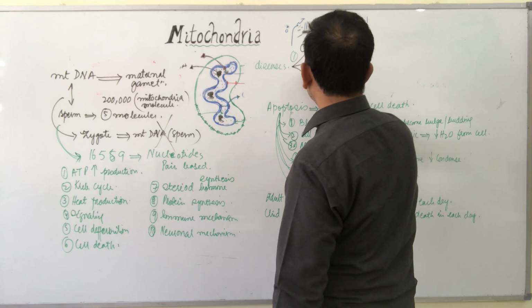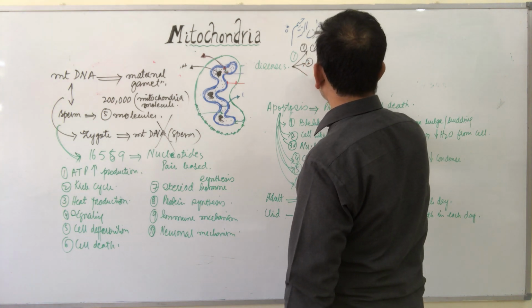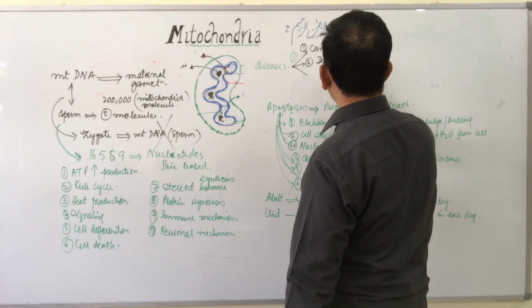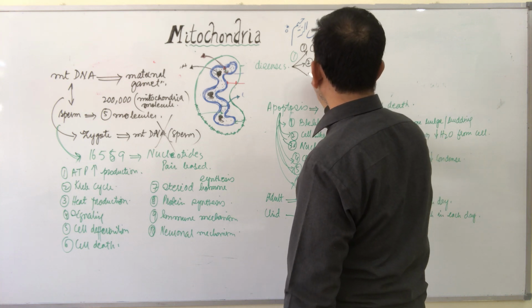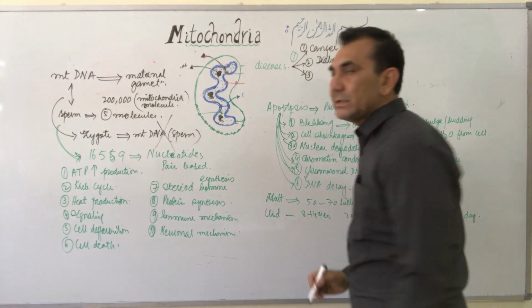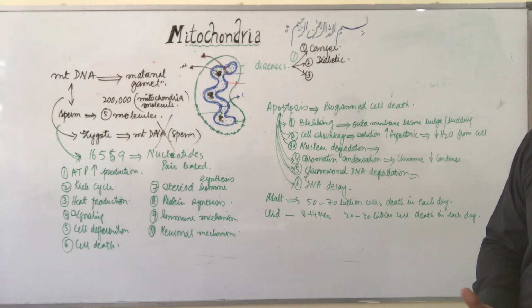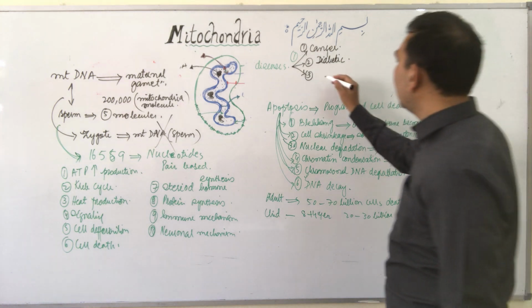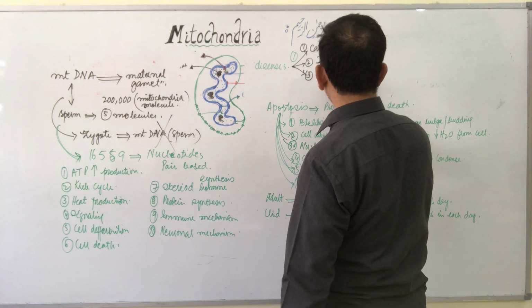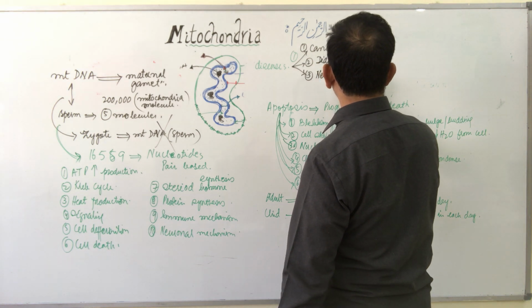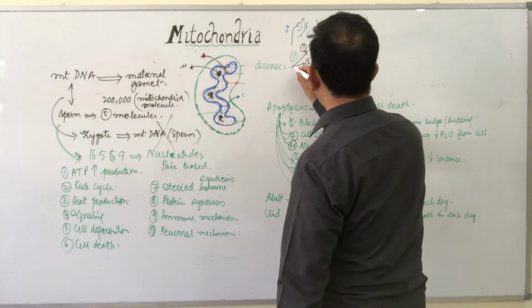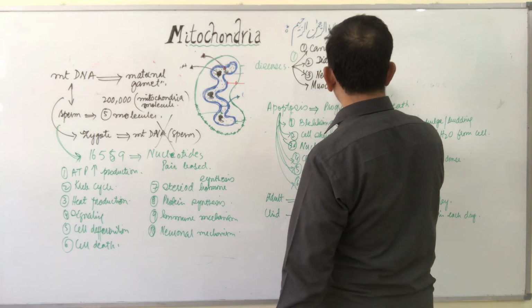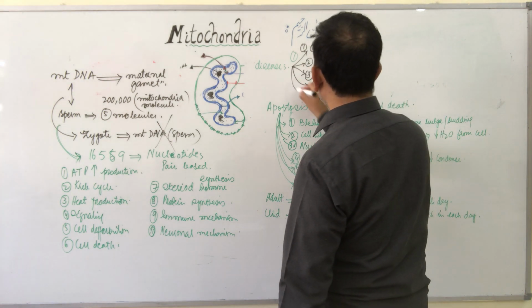The second one is diabetes. And the third one is again tumor, and the neural disorder, and the muscular pain, and the fatigue.